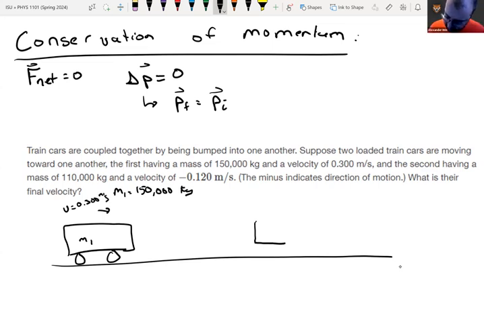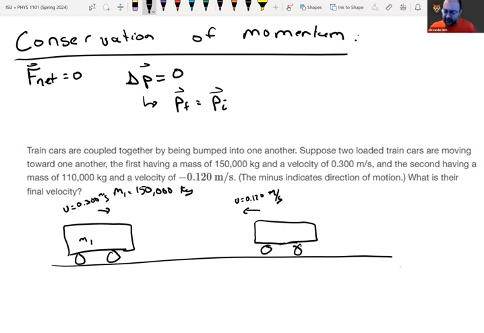And then we have M2, going in the other direction at a velocity of 0.120 meters per second. Now, the negative is included. One of the things that some people will struggle with is that sometimes they won't give you the negative. They'll just tell you to the left and to the right, and then you need to know that direction is relevant. One of those needs to be positive and the other negative. Okay, so that is the idea.